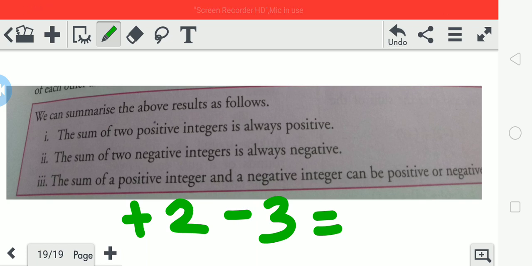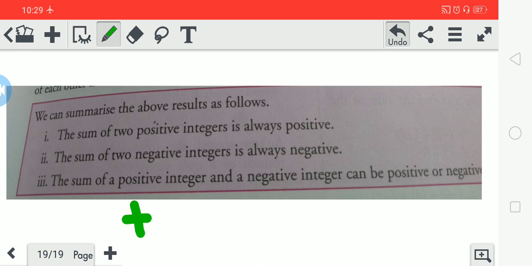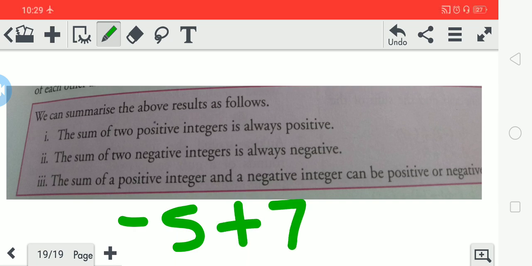Now for the third rule, a second example: minus 5 and plus 7, right? Here again the signs are different. 5 has the negative sign, 7 has the positive sign, so perform the subtraction operation.